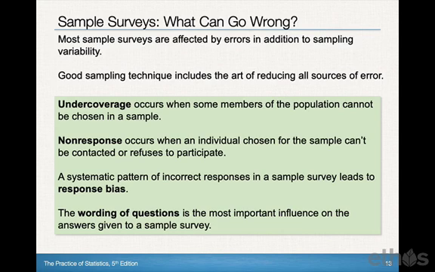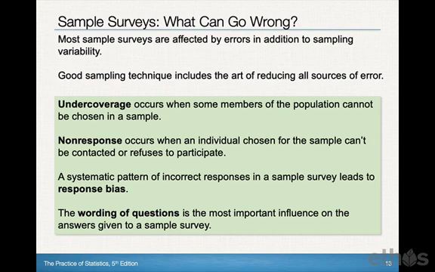So response bias can be a problem. And then there's simply wording questions in a survey in a bad way. For instance, let's say first I ask you when's the last time you went on a date, and then I ask you how happy are you with your love life. I would think the answer to the first question would definitely influence the answer to the second question. So you might want to word those questions in a less leading fashion.